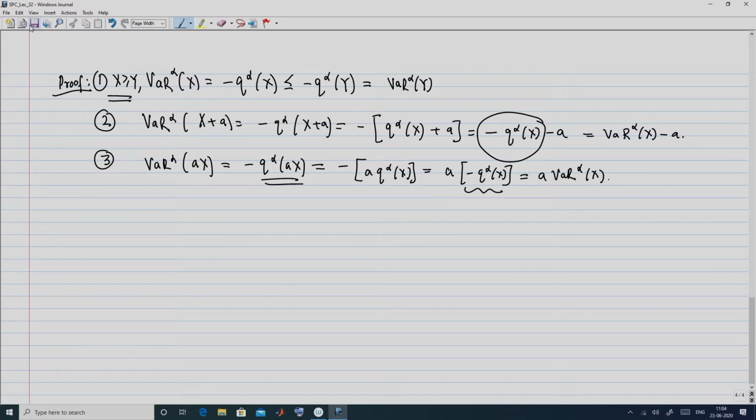So far, we looked at the definition of VaR in terms of the upper quantile, and then translated this into an equivalent definition of VaR. An interpretation is that VaR at a certain level alpha indicates, with 1 minus alpha likelihood, that the losses will not exceed this amount of VaR.